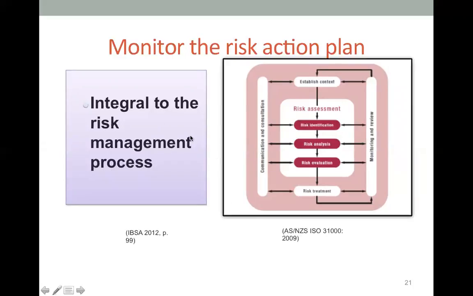It is an integral part of the risk management process. That's what our framework suggests here. Therefore, since the first step of the risk management plan, we already need to get involved, communicate, and consult our stakeholders, and monitor our risk management plan.